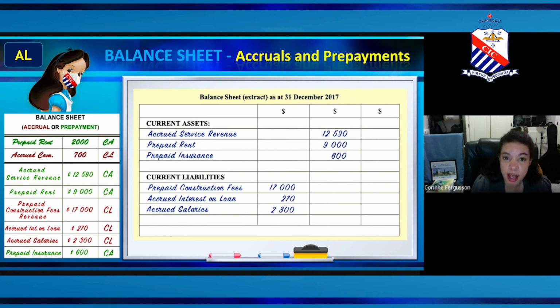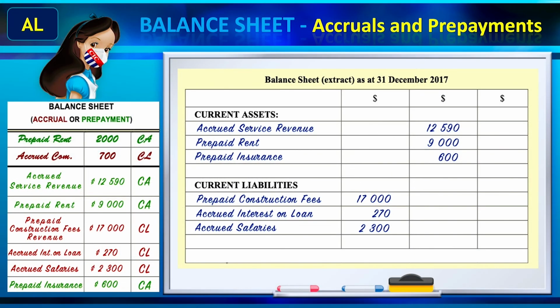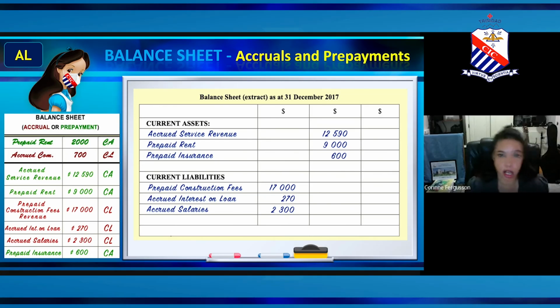Next one, we had another prepaid expense, and this is where I want to emphasize what I have been saying. You have two prepaid expenses. Some people might want to take the shortcut and put prepaid expense, add the 9,000 to the 600, and you have prepaid expense, 9,600. Guess how much marks you're going to get for that?